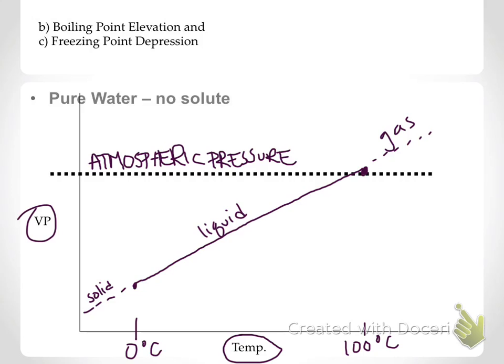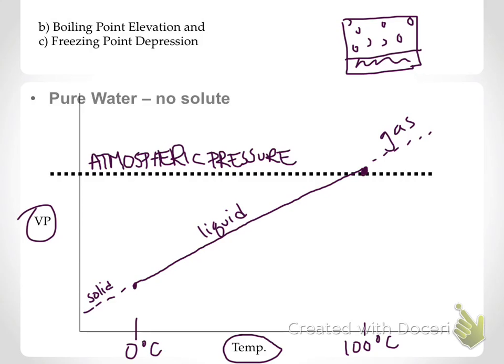So the vapor pressure of something is going to increase if we heat it up, because again, if you think back to our box, at 0 degrees Celsius, if I heat this up, more molecules are going to have enough energy to evaporate. So the higher the temperature, the more water molecules are going to evaporate, and then your vapor pressure will increase.